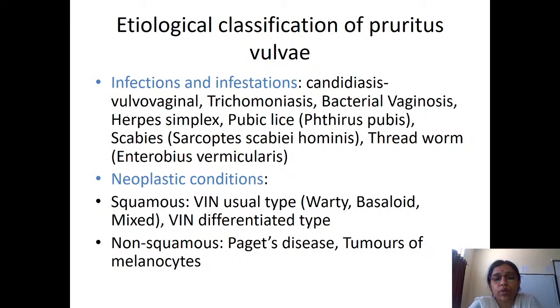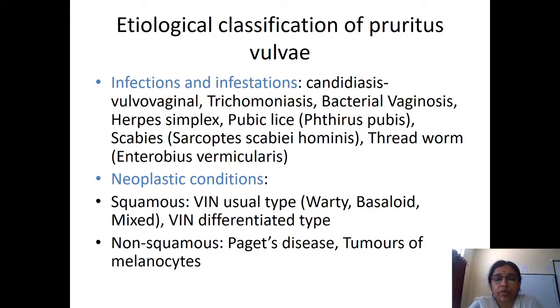They are usually of two types, the usual type and the differentiated type. The usual type usually manifests in the form of warty lesions or a basaloid lesion, or sometimes it could be mixed. And then we have the differentiated type. In both these pre-neoplastic conditions, they can present to us with pruritus.